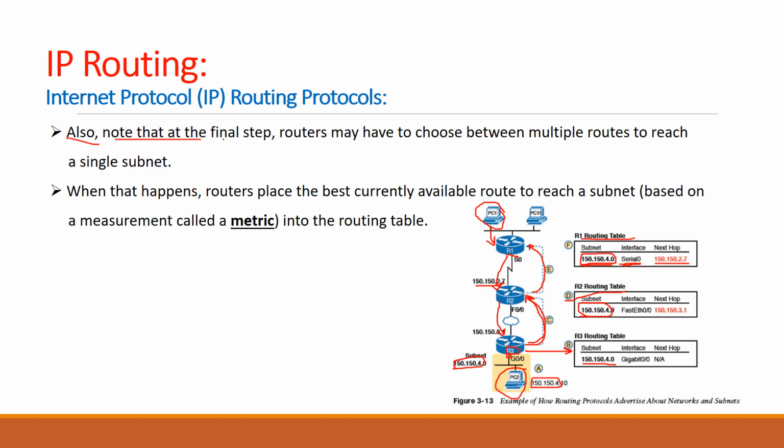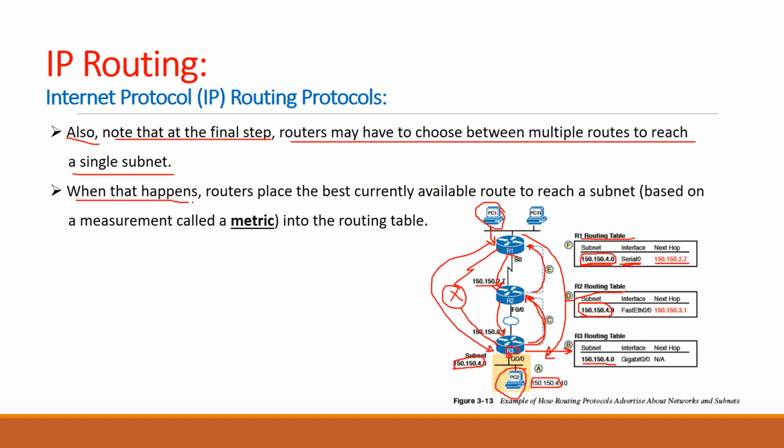Also note that at the final step, routers may have to choose between multiple routes to reach a single subnet. If we have another router here connected to R1 and this is connected to R3, we have a route here to reach PC2 and a route here to reach PC2.